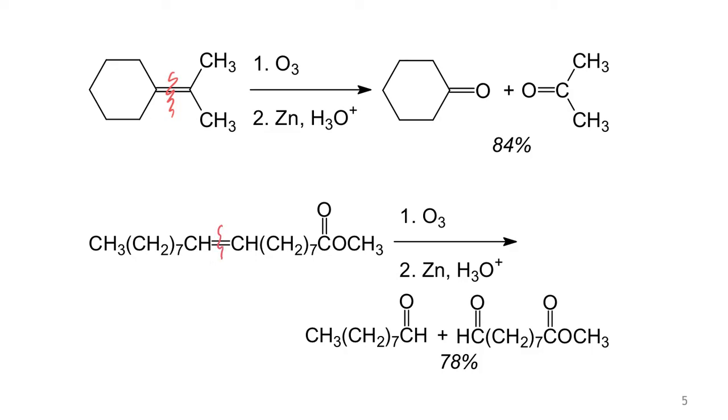It splits this into two pieces, and then you analyze that final mixture and look at the two structures that you form in that mixture, and then we can reason backwards to, oh, that's where that double bond was. It must have been between carbons 9 and 10 in this long carbon chain.